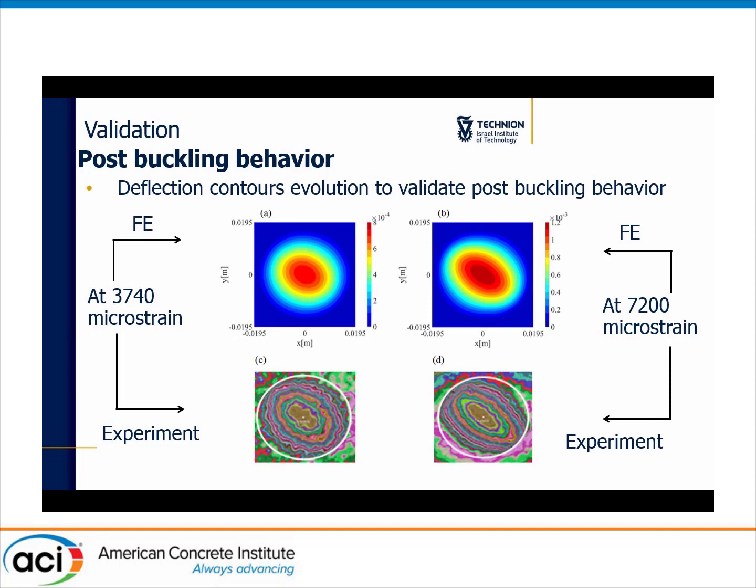At about 4 times the buckling strain, the contours have changed a little bit, become more elongated and differently oriented, and we see that our model captures this change, which validates the capacity of the model to capture the nonlinear behavior.